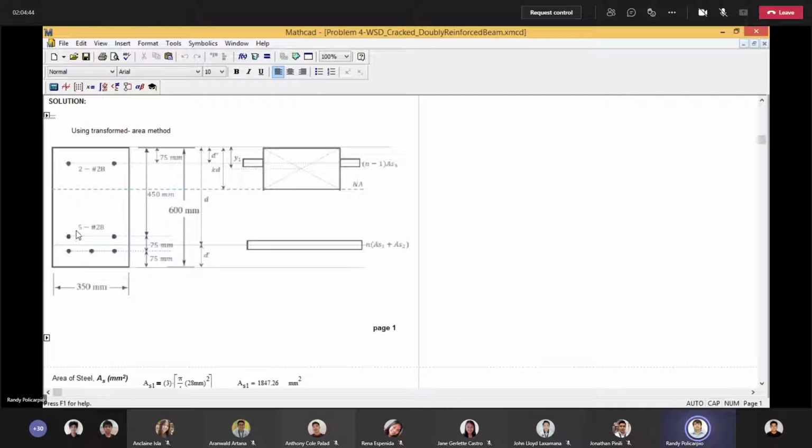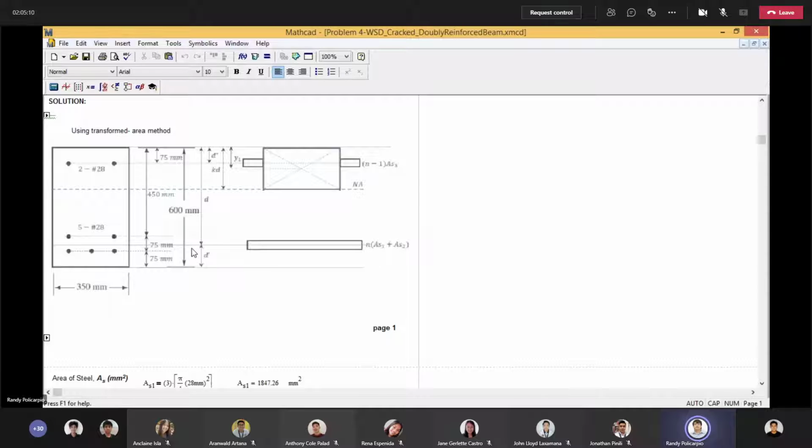Now for the tension reinforcement, we make use of n multiplied by AS1 plus AS2, and the location of this is based from the centroid of this group of bars. So kagaya ng ginawa din natin kanina sa problem number 3, sinolve natin yung location nito.